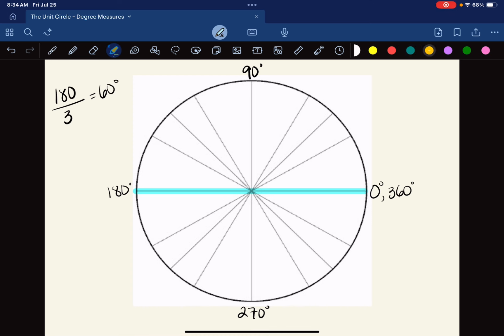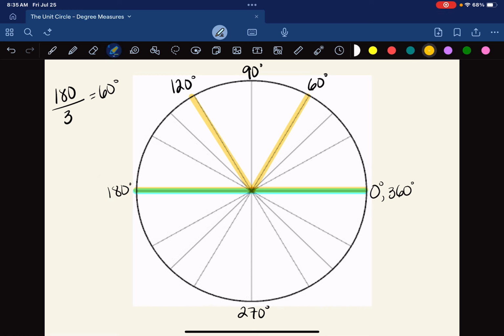I can start on my positive x-axis and rotate 60 degrees. I could rotate another 60 degrees. I could rotate another 60 degrees. So let's label those. We have from 0 to 60, and then of course 60 plus another 60 would make 120, and then 120 plus another 60 we would land on 180.